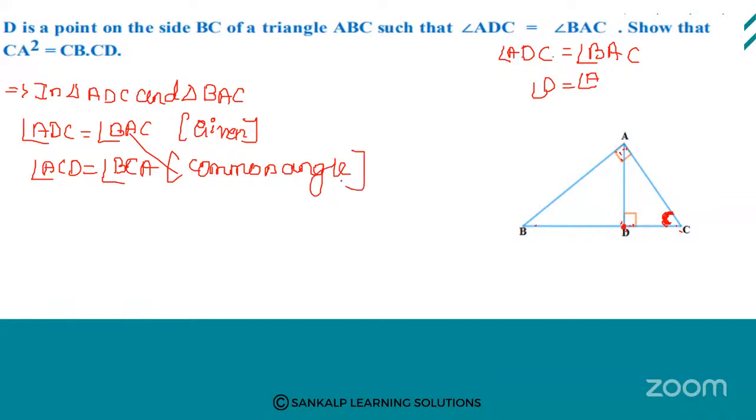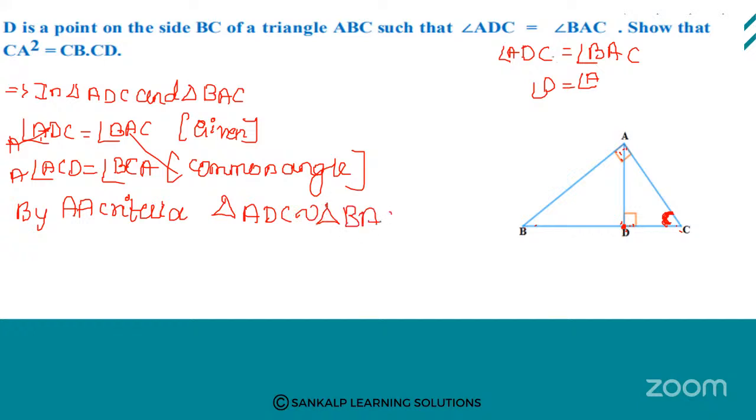Now, again, two angles, one angle, one angle. Two angles are equal. That means by using AA criteria, we can say that triangle ADC is similar to triangle BAC. Okay.